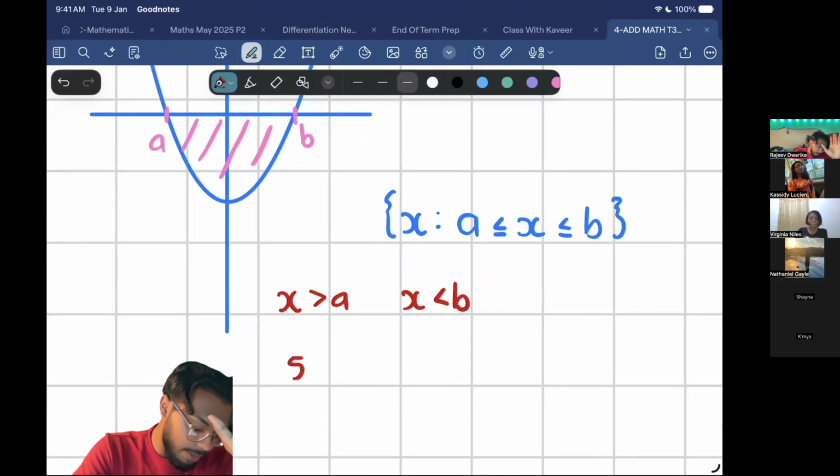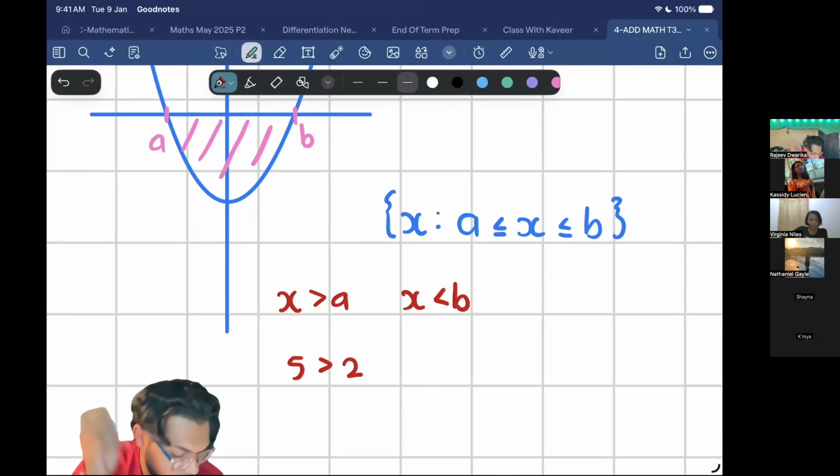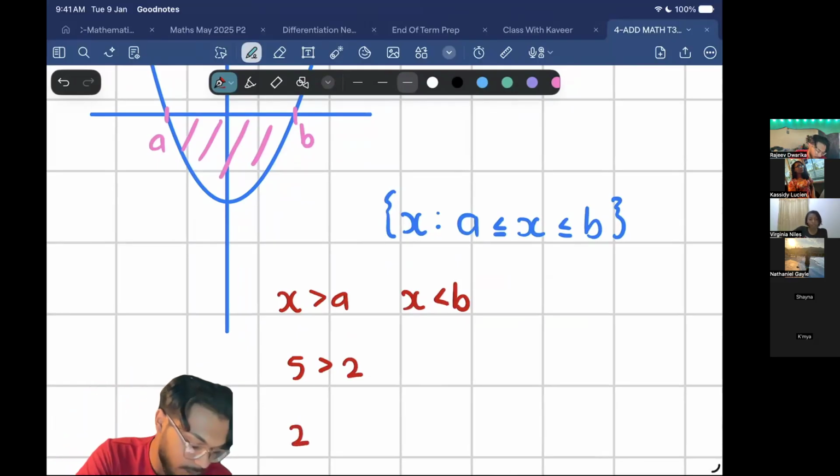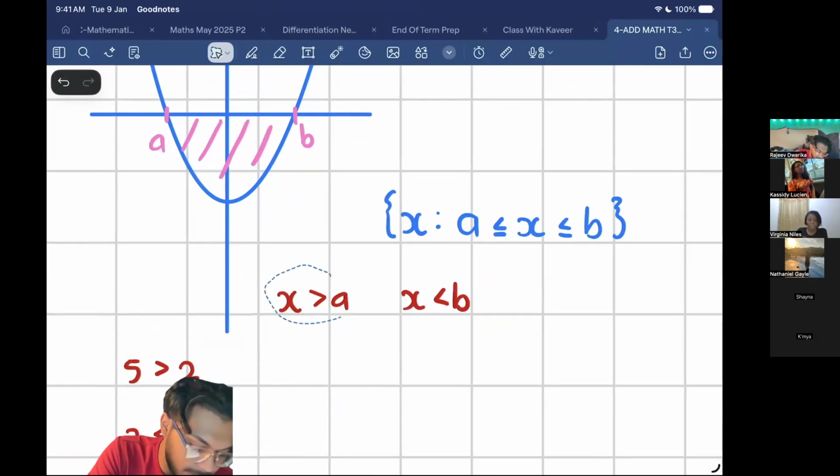If I tell you that 5 is more than 2, that makes sense? Yes, sir. If I switch the order, would I say 2 is more than 5? No. I would say 2 is less than 5, would I not? Yes, sir. So let's apply that same concept over here.